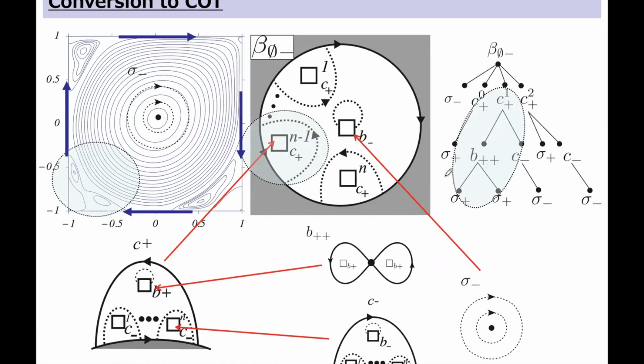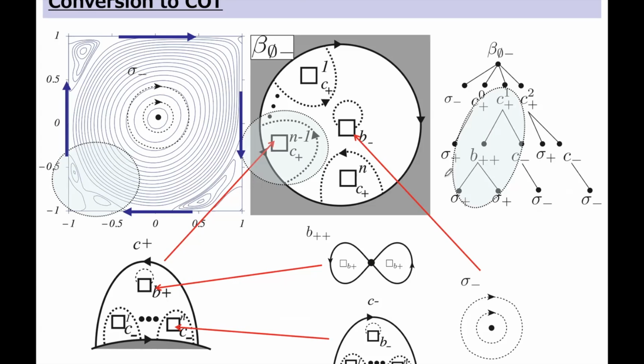Okay, so the first step is to convert the flow pattern at each time to the COT. Here's an example, this is a snapshot. As I expressed in the second slide, we have to identify the basic flow. In this case, this is the flow inside a bounded domain whose boundary direction is clockwise, because the flow goes like this around the boundary.